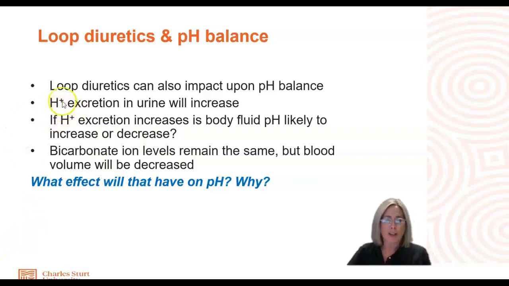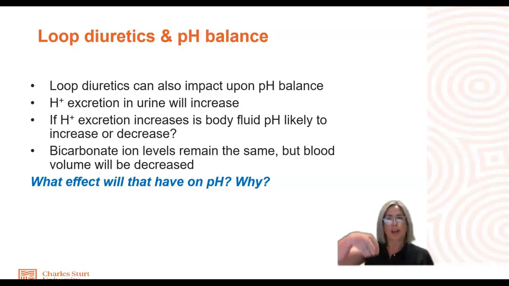Now, I often get asked, why is there an increase in free hydrogen secretion into the filtrate? So what you have to imagine is that all of these tubule cells have lots of different transporters. Okay, so a loop diuretic will act on the sodium potassium chloride transporter to keep that sodium in the filtrate.